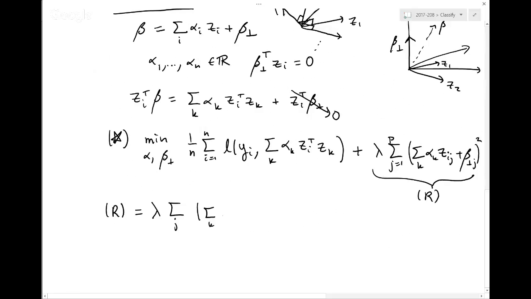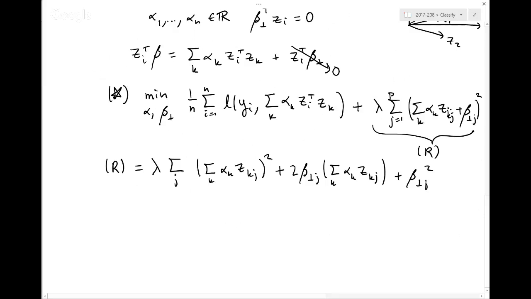This is the sum over k, alpha_k Z. Oops, I'm sorry, I'm using i there. Should be kj. Z_kj, this whole thing squared, plus 2 beta perpendicular j, now we have a sum over k, alpha_k Z_kj. And then we have whatever's left. So it's not the sum now, it's just beta perp j squared.